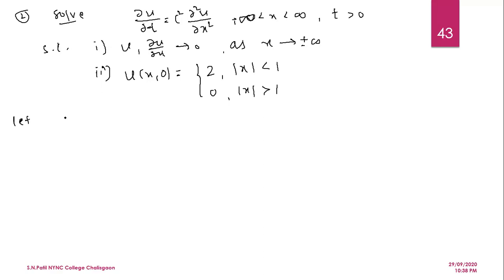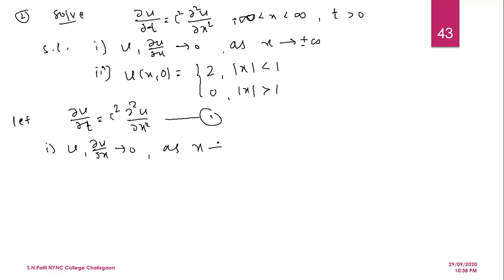Let ∂u/∂t = c² ∂²u/∂x², say equation number 1, subject to the conditions: first, u and ∂u/∂x tend to 0 as x tends to plus minus infinity, and the second condition, u(x, 0) = 2 when x lies between minus 1 to 1, otherwise 0.